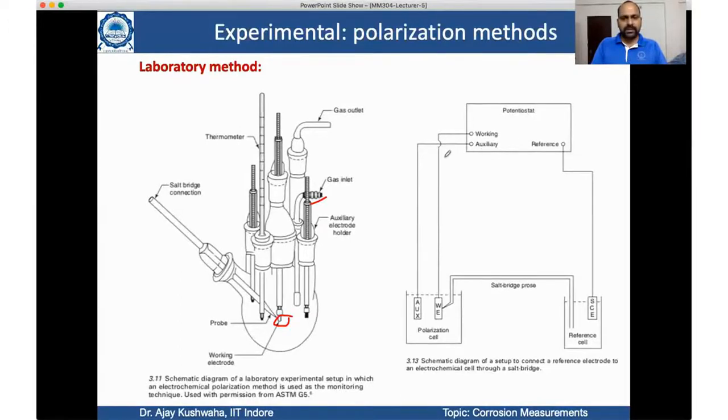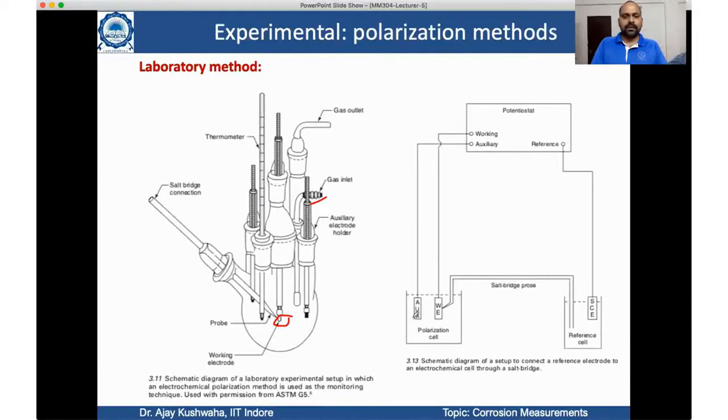Our working electrode, if you can see my cursor, and our auxiliary electrode are both in one cell, and then by the salt bridge probe we have another half cell, just a reference cell, with another reference electrode, and here they mention a saturated calomel electrode.